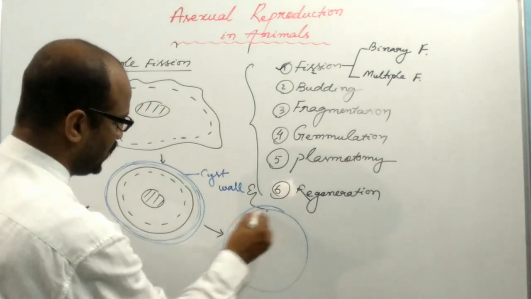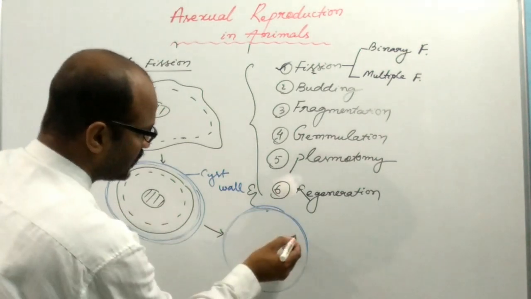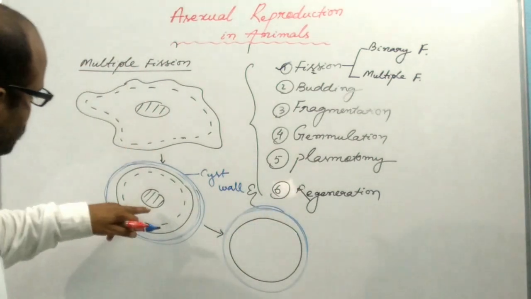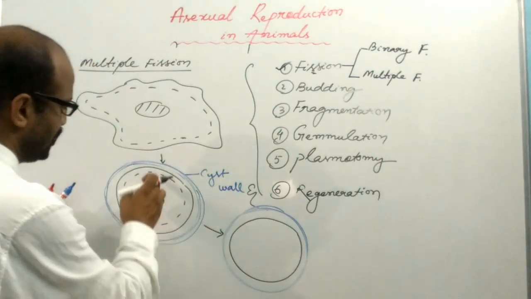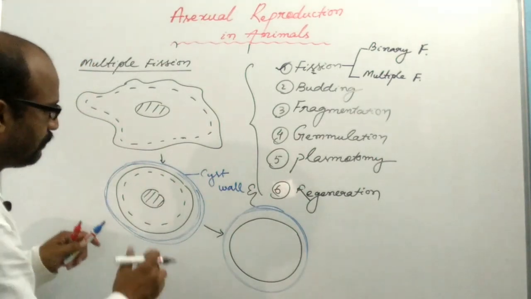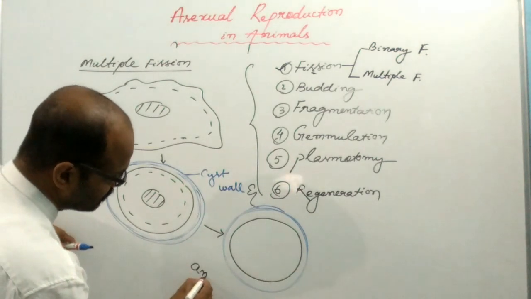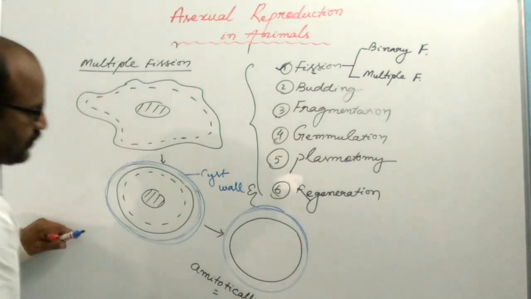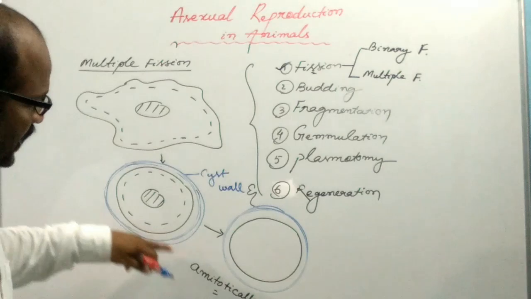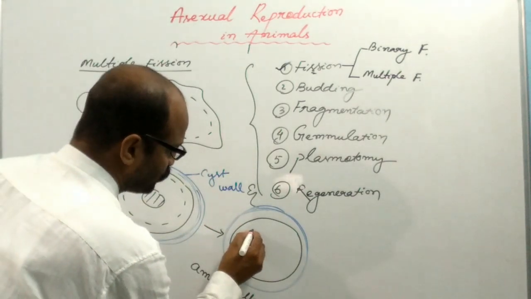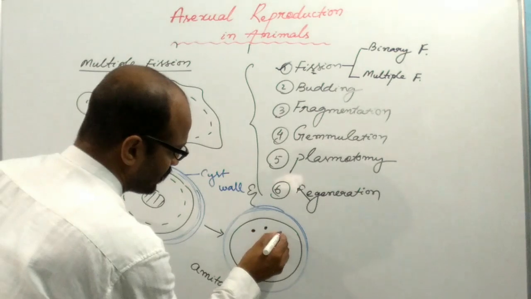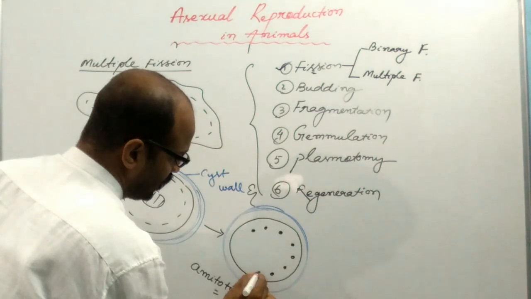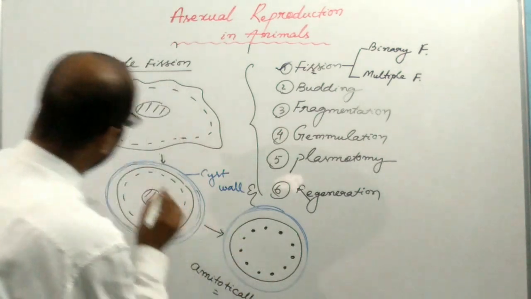The nucleus divides repeatedly by the amitotic process and produces many nuclei, and these nuclei are arranged at the peripheral region of the mother amoeba.